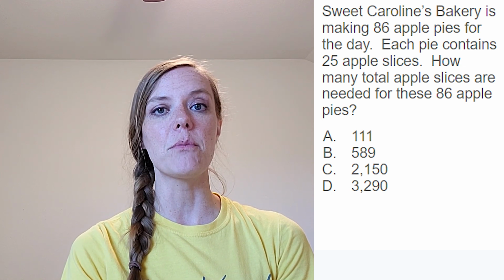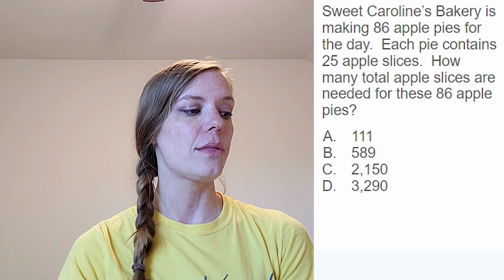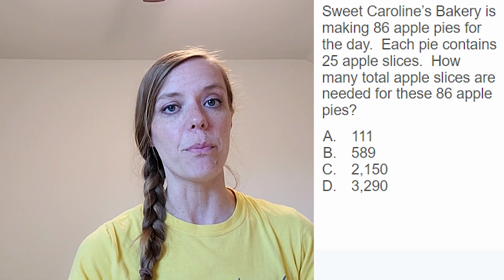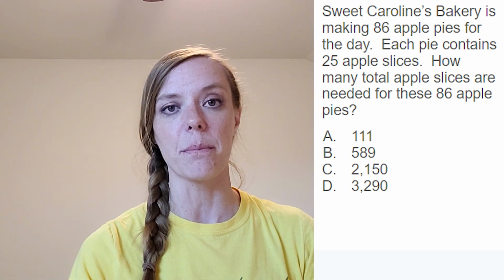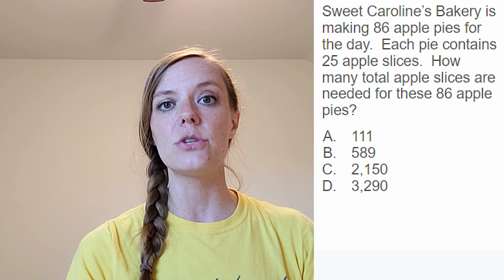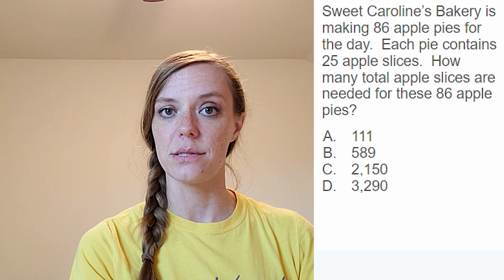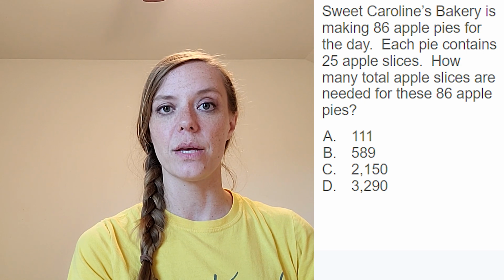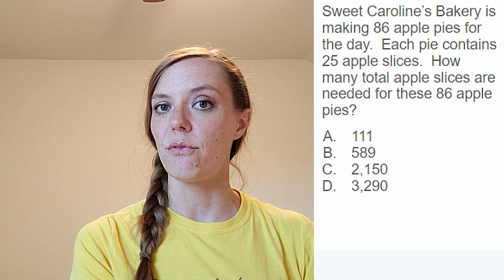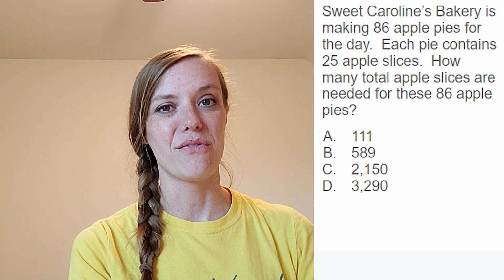Okay, so as I'm reading that, I'm noticing that I've got quite a few pies. 86 is a lot of pies, and each one of them has 25 apple slices. So how much does the first pie have? 25 apple slices.